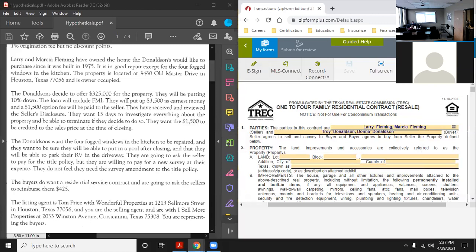So the property is located at 3430 Old Master Drive. Now, I will say this did not give me a lot or block or anything like that, and that's not a real address, so I couldn't look it up and find the lot and block for it. But in this situation, if somebody was at 3430 and they were going to sell their house, you would look up what county they're in.